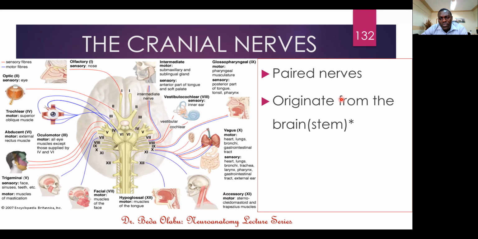They originate from the brainstem, although not all of them actually directly attach to the brainstem. The first one does not attach to the brainstem. The second one attaches to the brainstem partially. Then the others arise from the brainstem.